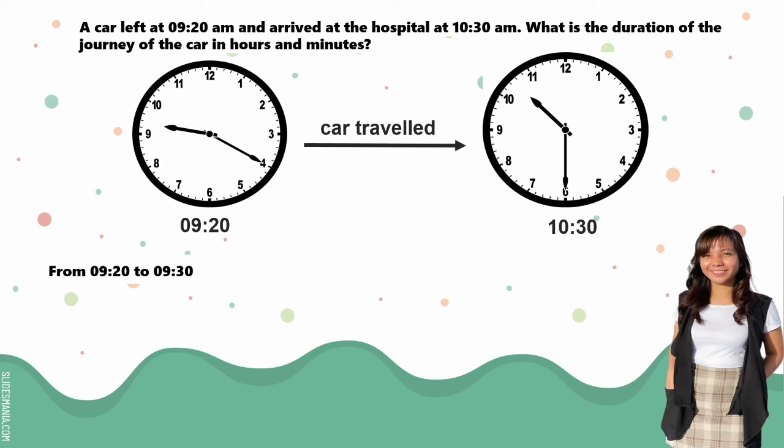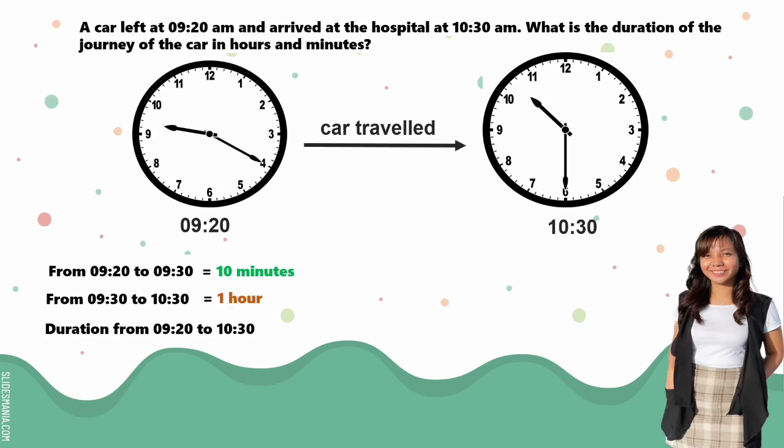To get the duration, first you have to look for the minutes. From 9:20 to 9:30, because 20 here and then 30 here, it is 10 minutes, right? The difference is 10 minutes. From 9:30 to 10:30, the duration or the difference is 1 hour.